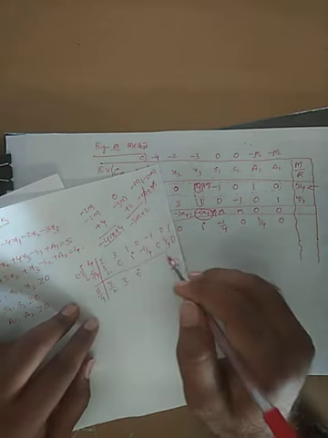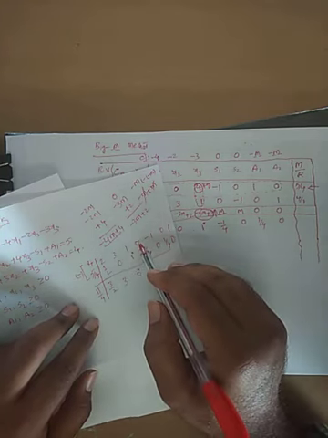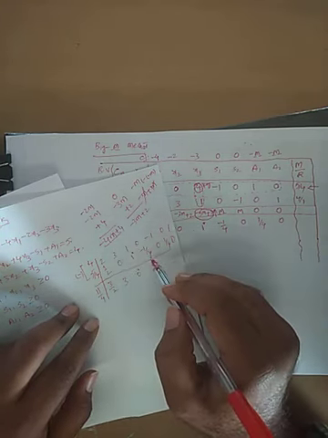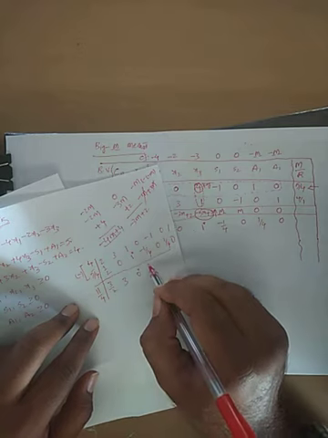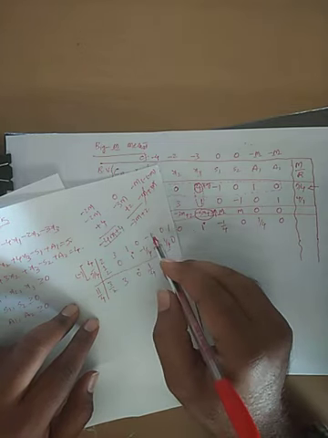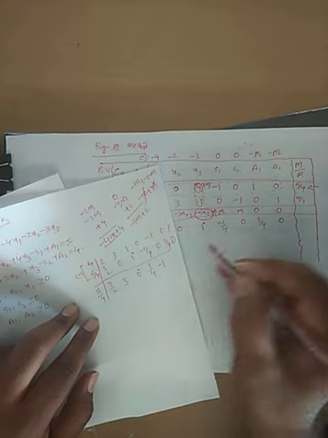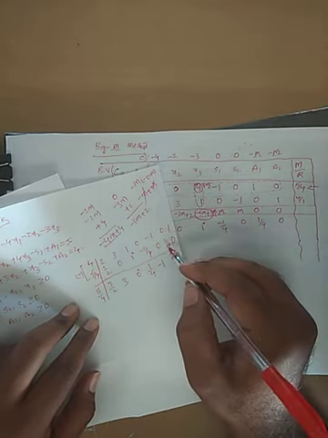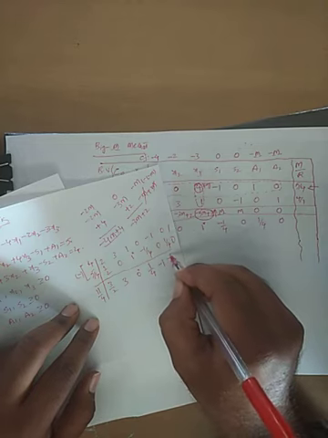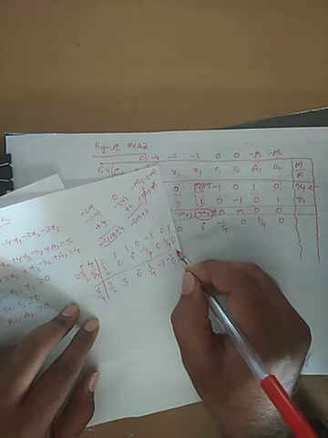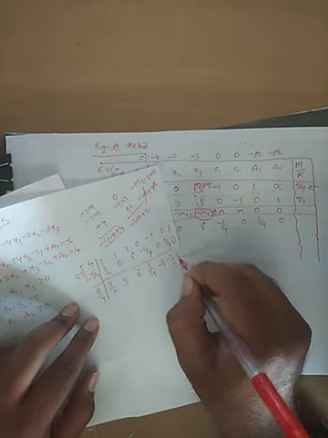That's why putting star. 0 minus of minus 1 by 4, positive 1 by 4. Minus 1 minus 0, what do you get? Minus 1. Be careful. Now 0 minus 1 by 4, what do you get here? Negative 1 by 4. 1 minus 0, what do you get here? 1.